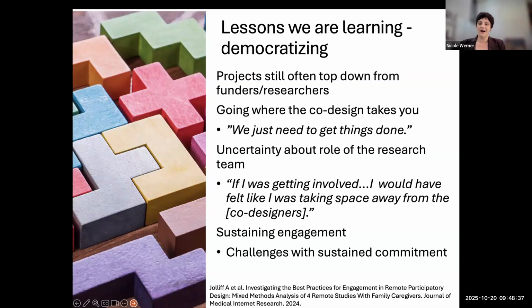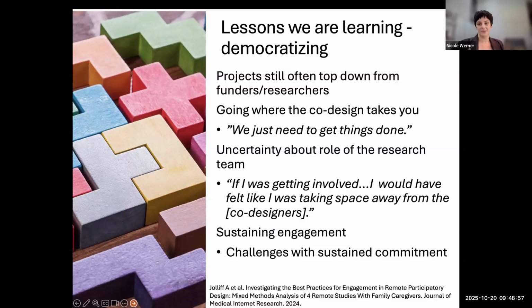And then kind of interesting and unexpected is this idea about what is the role of the research team. We're all supposed to be co-designing together, but we often just say we're facilitating the co-design. And I think that's actually a mistake that we've made, where we should be working together, and co-design really requires different viewpoints and different experiences.